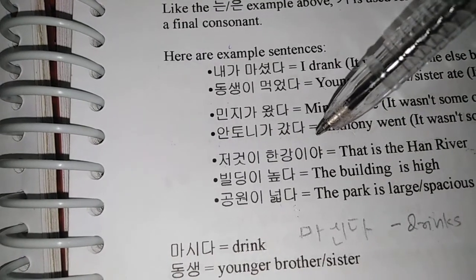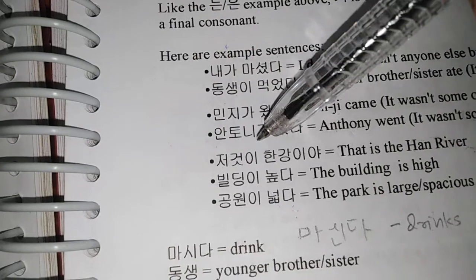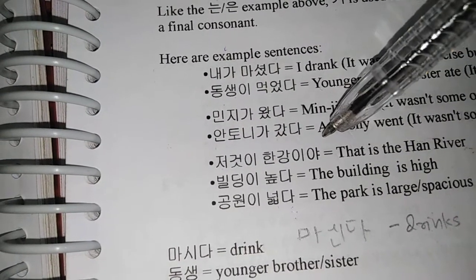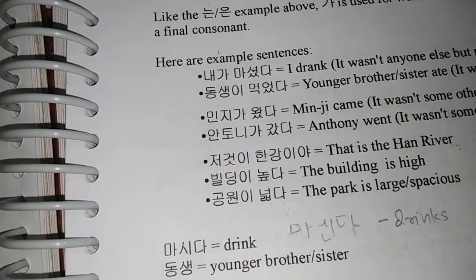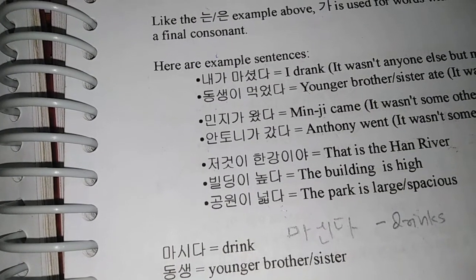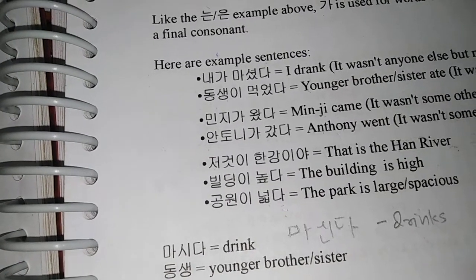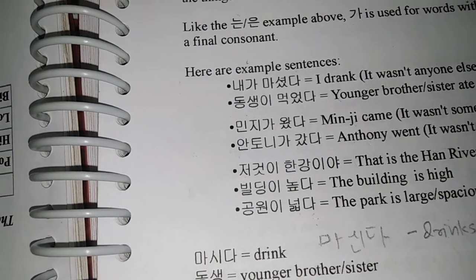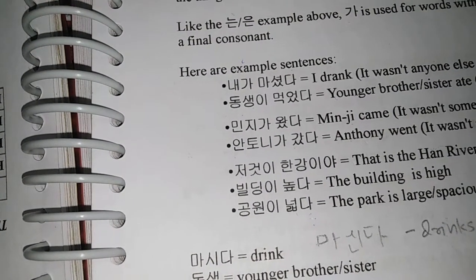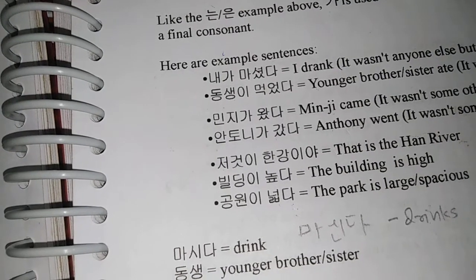저것이 한강이야. 저것 means that. 저것이 한강이야. Han means literally, South Korea is called Hanguk. Guk means country, like Miguk is America. So Mi is the country-denoting part, and Guk is the country-denoting part there.